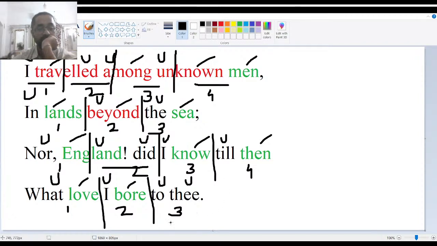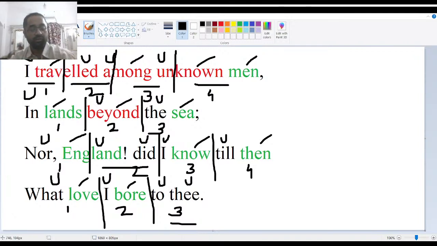And in the fourth line, the last foot, that is the third foot, is a pyrrhic as well. So these are the variations in this passage. So I hope this is clear. Okay.